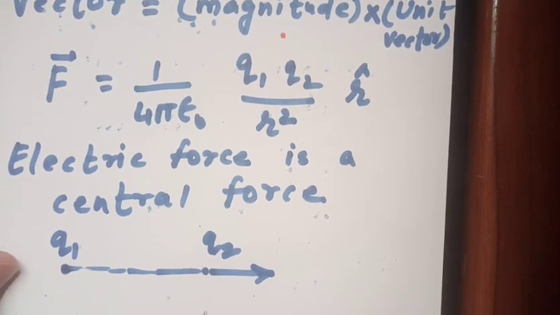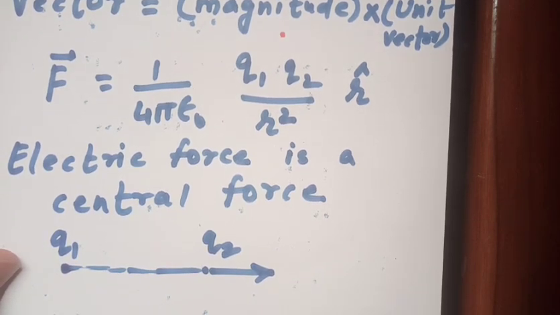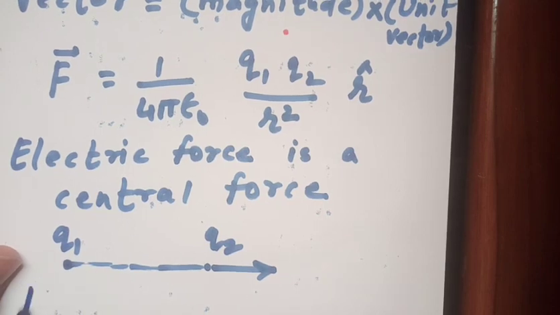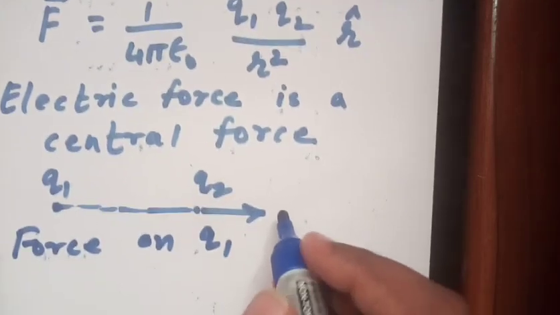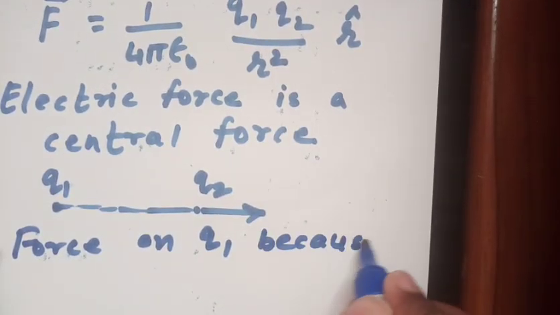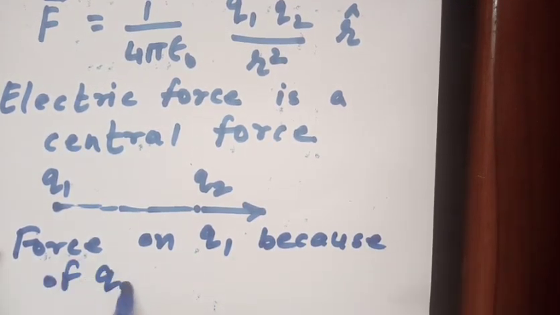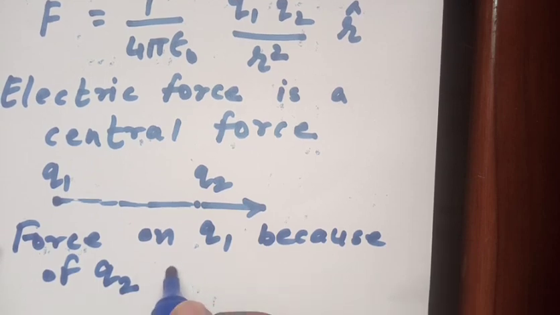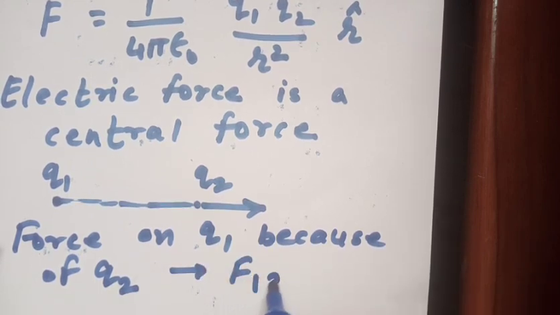Now when there are two charged particles, the force on Q1 because of Q2 can be written as F12.